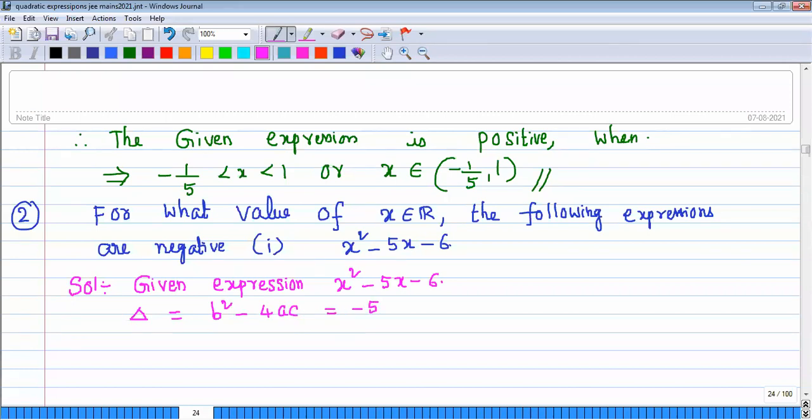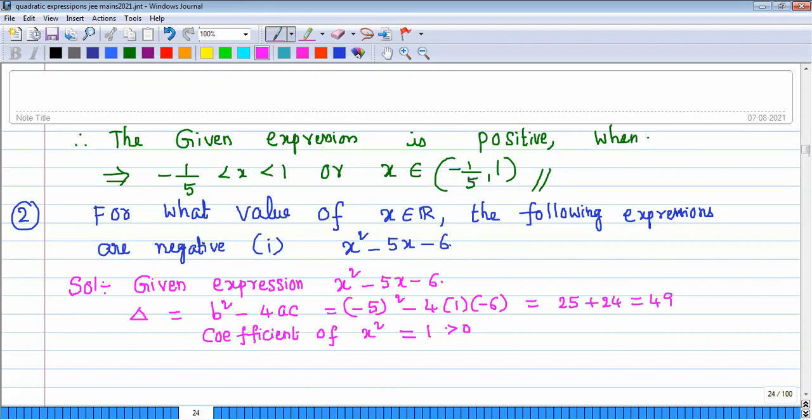So minus 5 square minus 4 into the coefficient of x square, which is 1, into minus 6: 25 plus 24, whose value is 49. Now write down the coefficient of x square also, which is very important. Coefficient of x square is 1, that is positive, greater than 0. Accordingly, we need to write it.